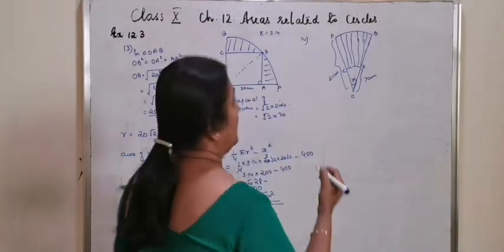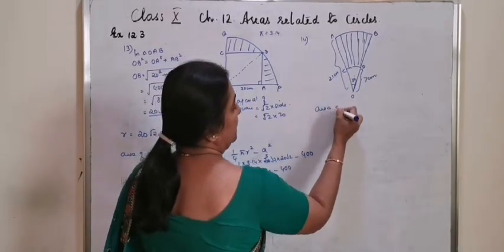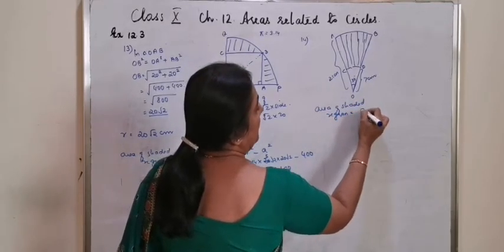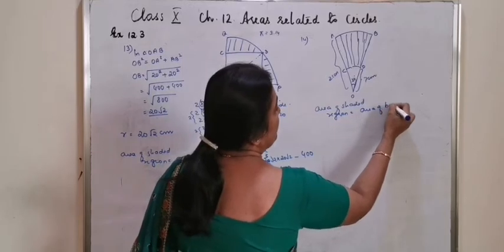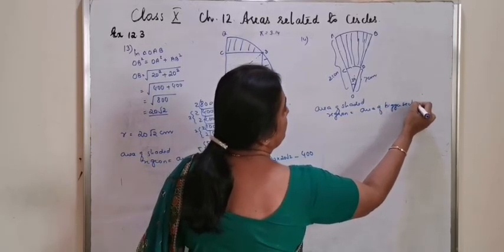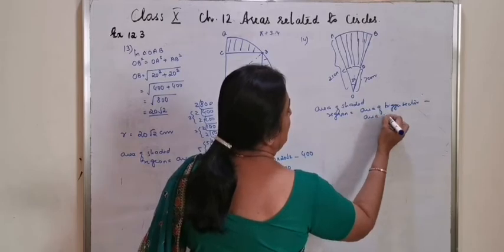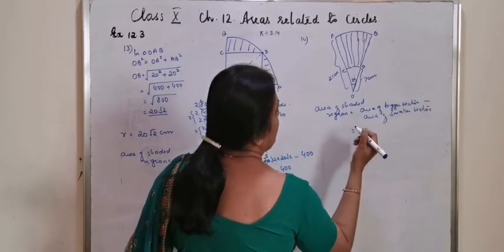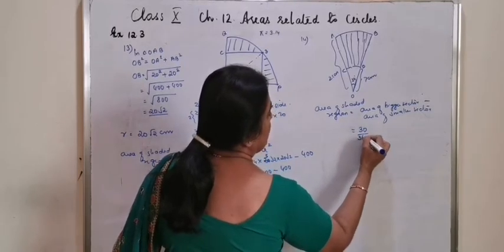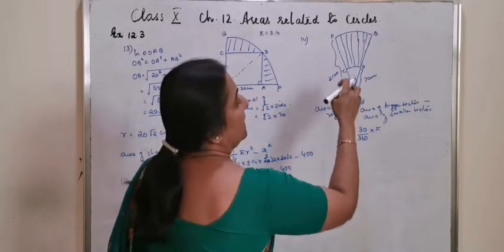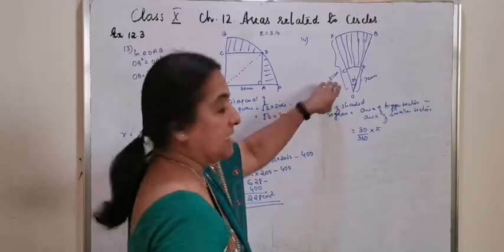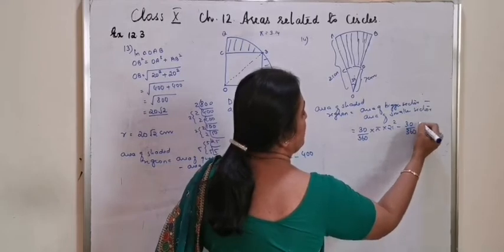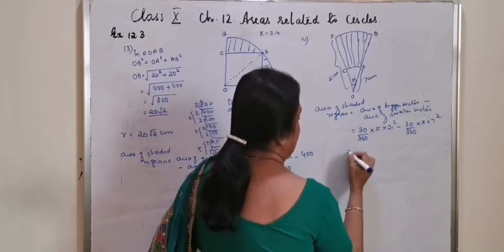So here area of shaded region is equal to area of the bigger sector minus area of the smaller sector, which is equal to 30 by 360 into pi into the bigger sector is 21 square minus 30 by 360 into pi into 7 square.